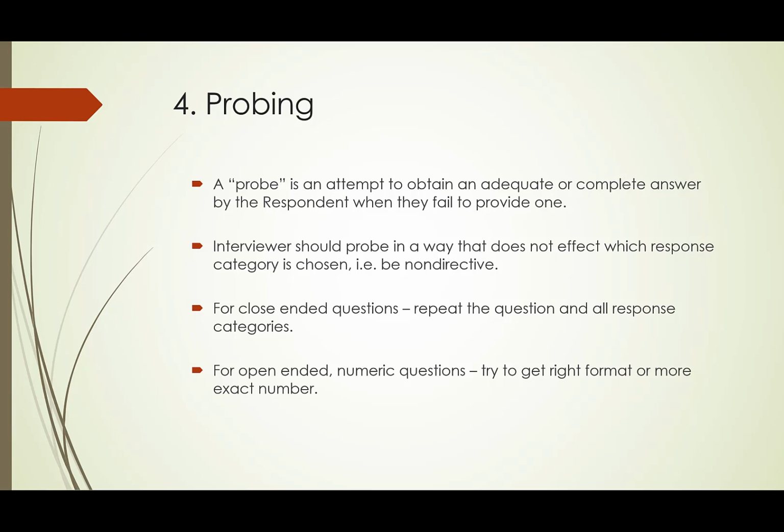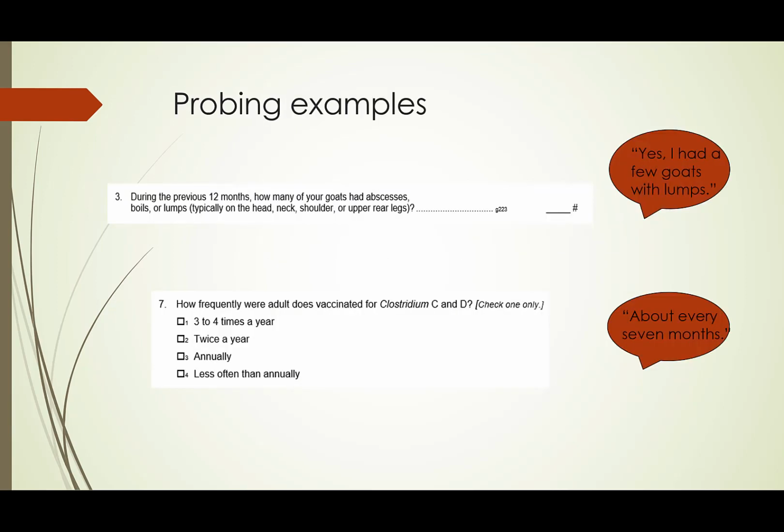For closed-ended questions, it's usually best to repeat the question and the response categories. Just read it again. For open-ended questions, like numeric questions, how many goats do you have or how many died, try to find the right format, because they may answer in a different format than what we're asking for. Here's an example.